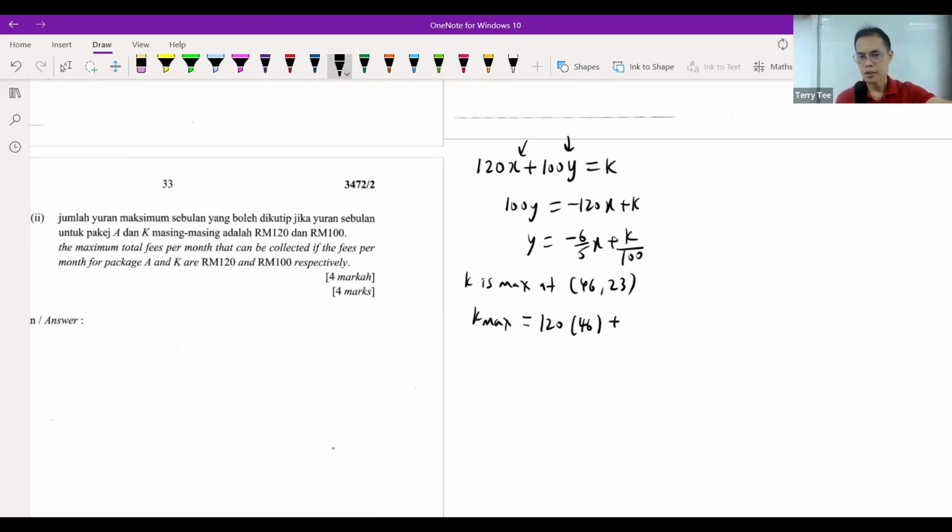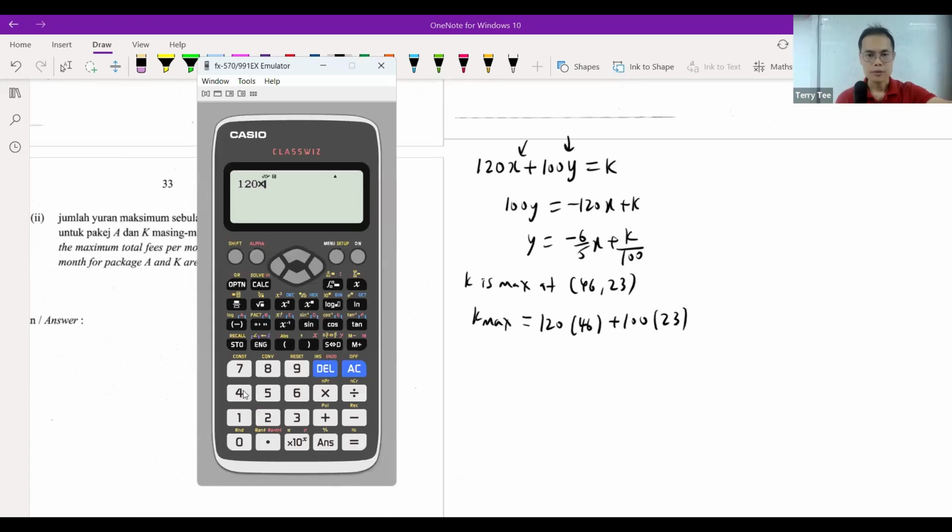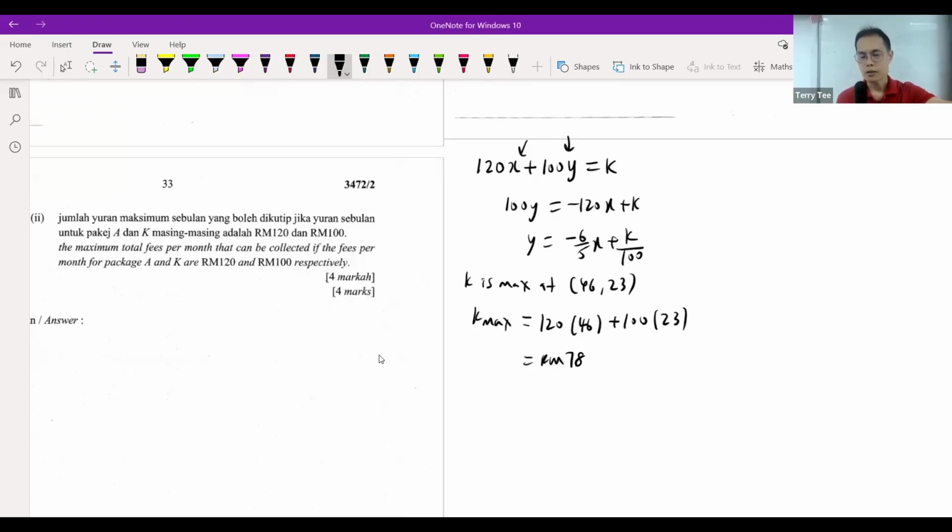Your x is 46, your y is 23. So 120 times 46 plus 100 times 23 equals 7820. There you go. That's your answer.